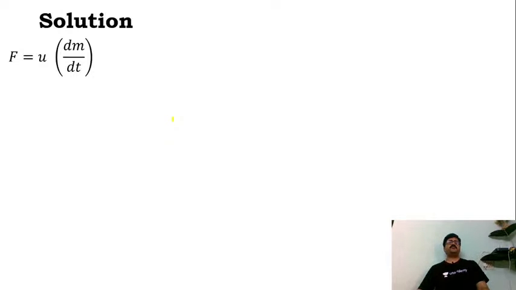Now we have this formula, F is equal to u into dm by dt, where u is the velocity of the train, and dm by dt is the rate of falling of dust with respect to time. So over here I'll write 20 into 50 divided by 60, right?